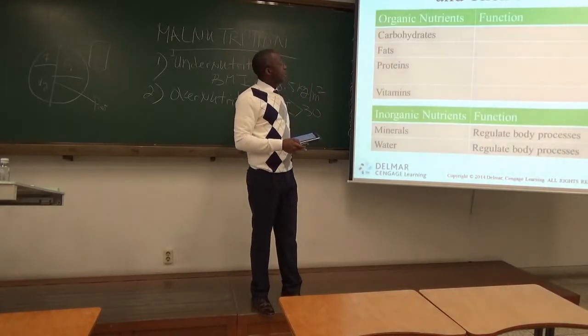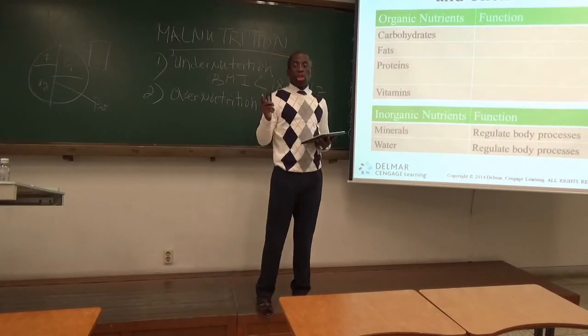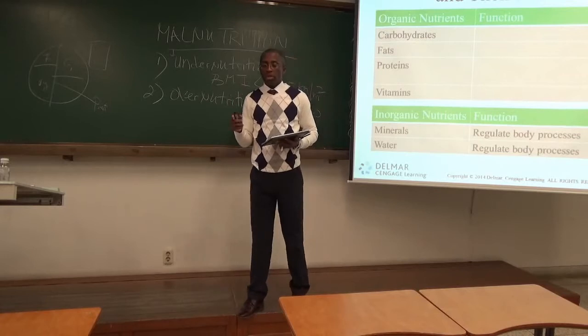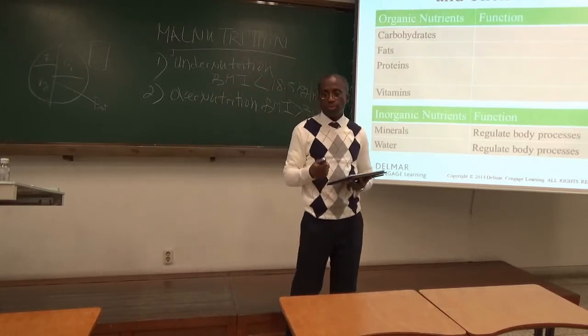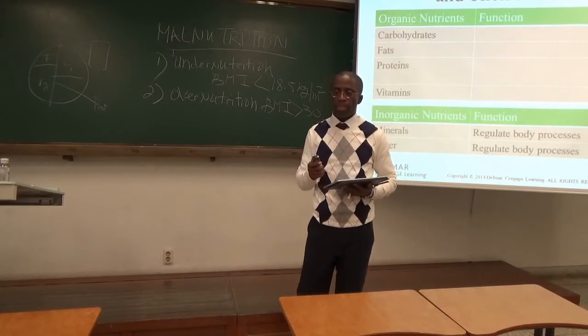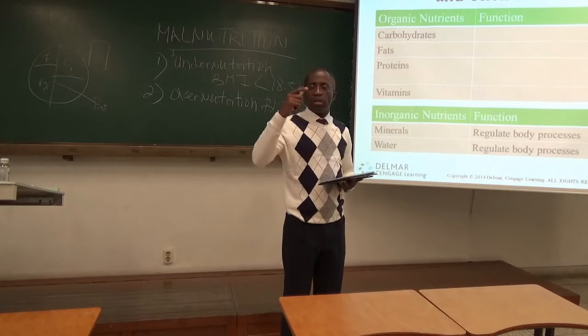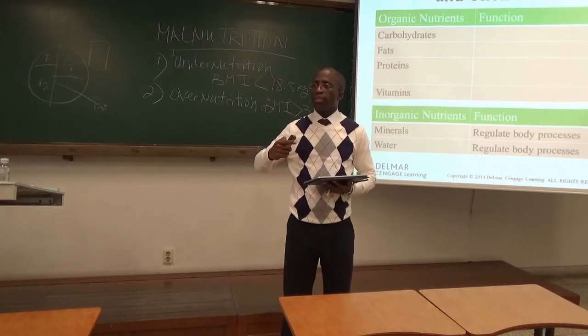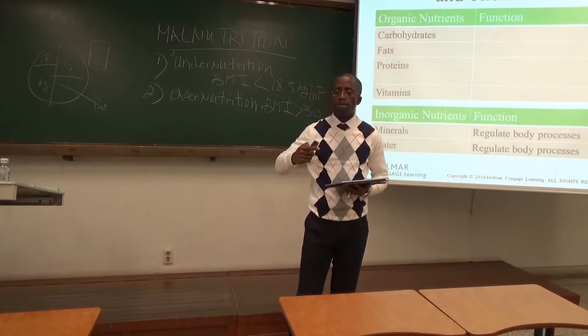Now, I leave those places blank for you guys. Everybody, you need to make 2 tables that you will see on your PPT, but make your own of the functions that we know about the nutrients, okay?